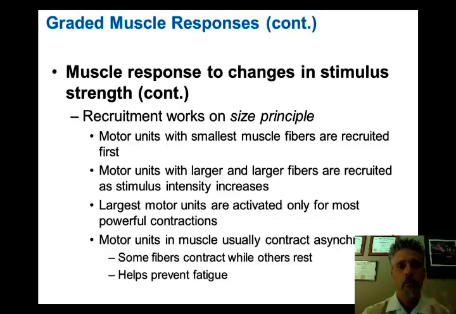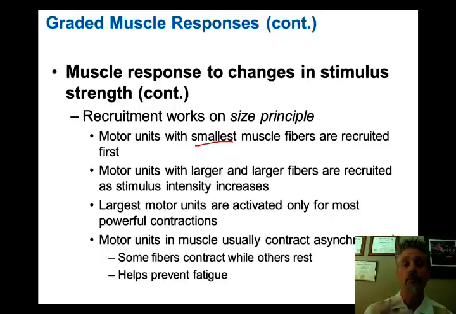Okay, so this recruitment as well, based on the response you need, not only do you look at the number, but you look at the strength too. So if you need a little force, then you start calling in the smallest muscle fibers, okay? And the smallest motor units.